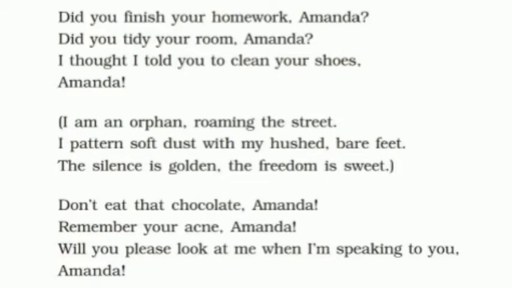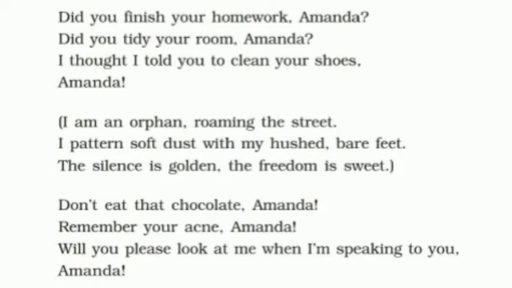And the next poetic device is metaphor. Metaphor is there in the line, the silence is golden, the freedom is sweet. Since silence and golden are two different things, but here they are being treated as if they are the same.